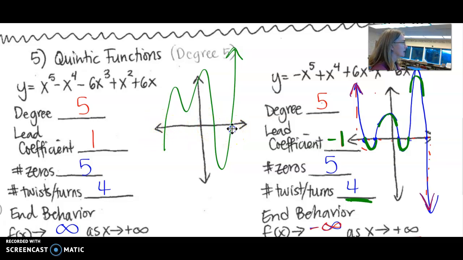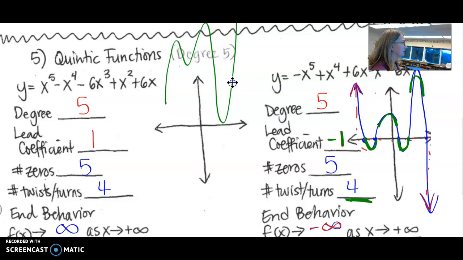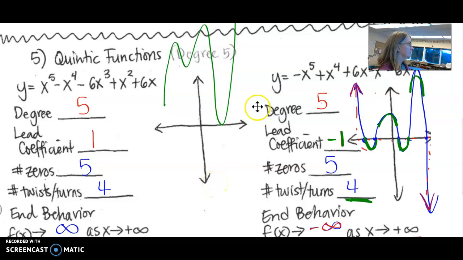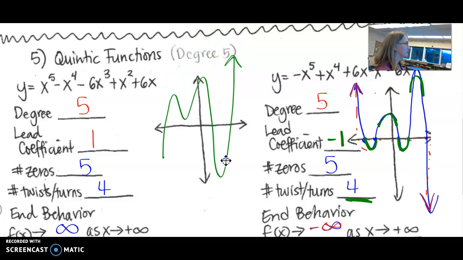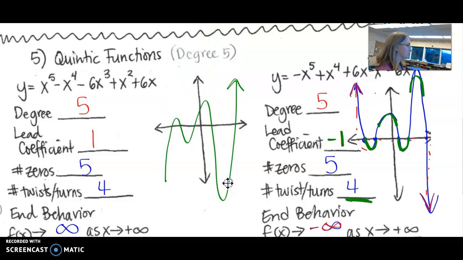I can go even higher and I would have 2, this one right here. And then this, remember, is going to go down forever, so it would eventually cross the x-axis. Or I could shift it up even farther, and then we just have this 1 zero as it goes down to negative infinity on that side. So you can have anywhere from 1 to 5 zeros for a 5th degree polynomial.